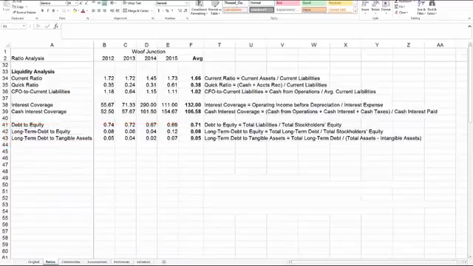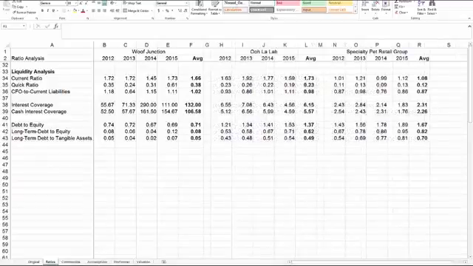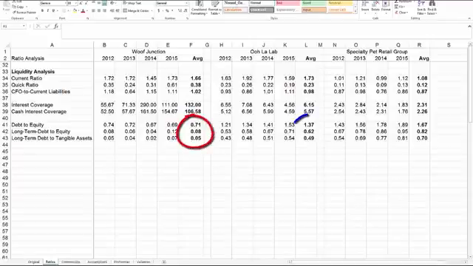But these are ratios where you really need to look at the comparison firms, because it's very industry specific how much debt companies need to take on to finance their growth. So if we look at Oola Lab and the industry group, we see that WOOF Junction is much lower in all three of these ratios, which means that WOOF is using much less debt financing than the competitors, has much lower bankruptcy risk, and much more borrowing capacity going forward, all really good news.